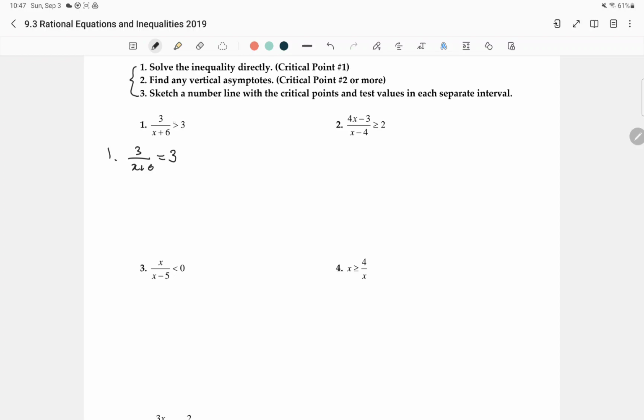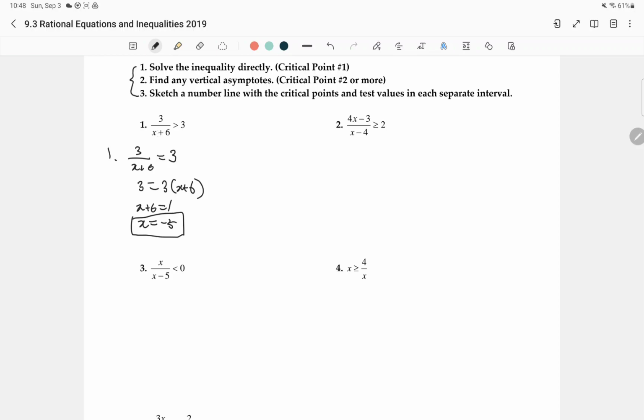Because since we know that this value must be greater than 3, if we set it to be equal, that will be one of the boundary areas. So if we just solve this out, we get 3 equals 3 times x plus 6, x plus 6 equals 1, x equals -5. So our first major point, or critical point in this case, is going to be here.